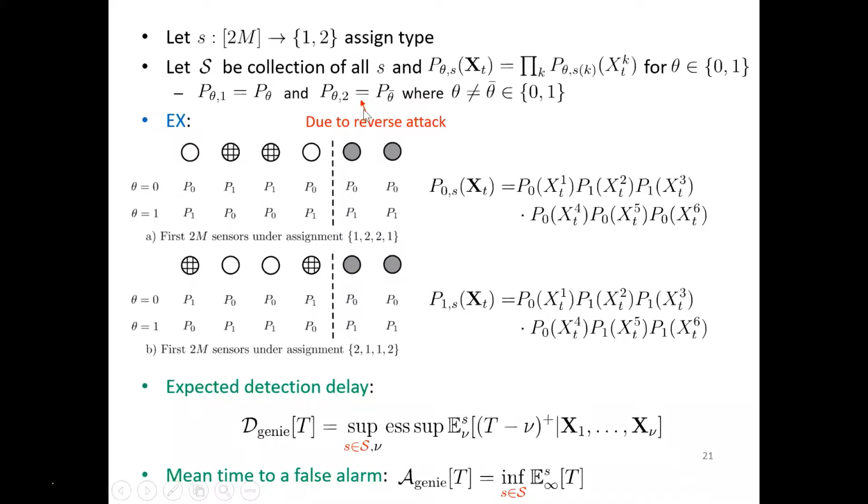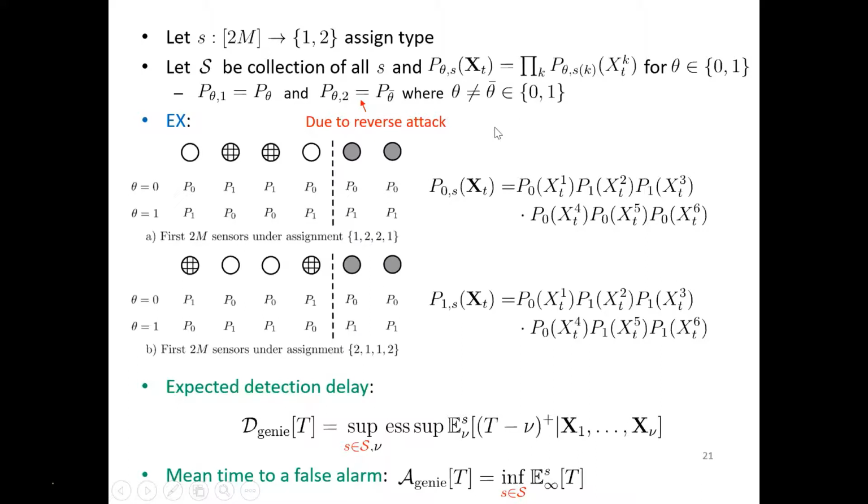All right, here is one example. In this part, we assume that S is 1, 2, 2, 1. That means we think the first sensor is honest, the second one is compromised, and so on, and the fourth is honest.